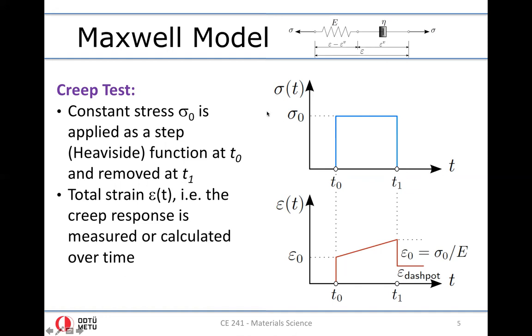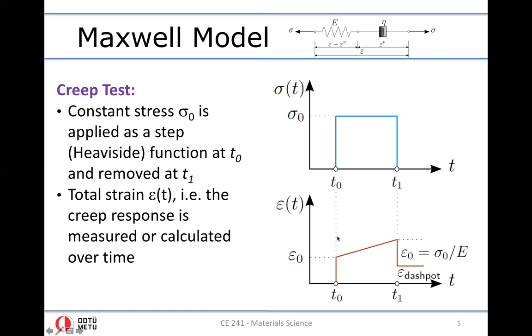This is generally done by hanging your specimen upside down and loading it with a dead load at the end, by attaching some weight to the end of the specimen for a longer time. So you actually specify the stress, and what you monitor is the deformation or the strain.